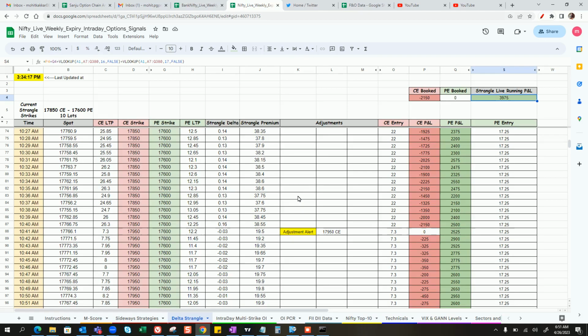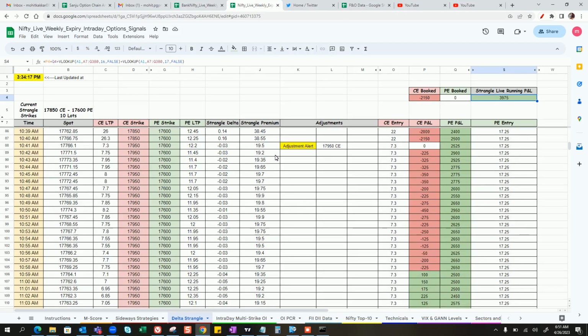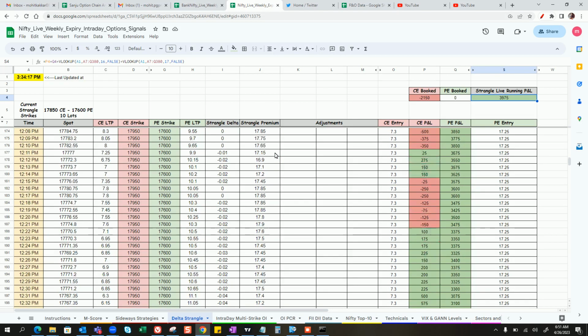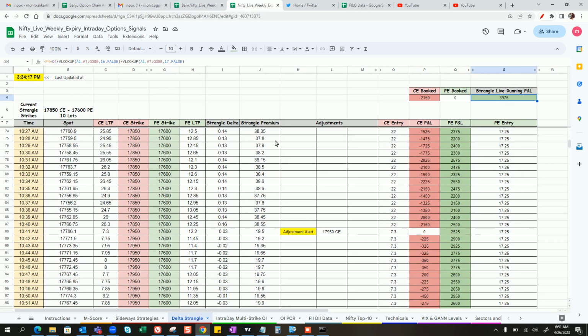You move legs inside, outside, add additional legs, do additional selling, etc. Whatever. But this is intraday. Ironfly will be made positional, meaning we'll enter on Friday and then exit on Thursday next week.